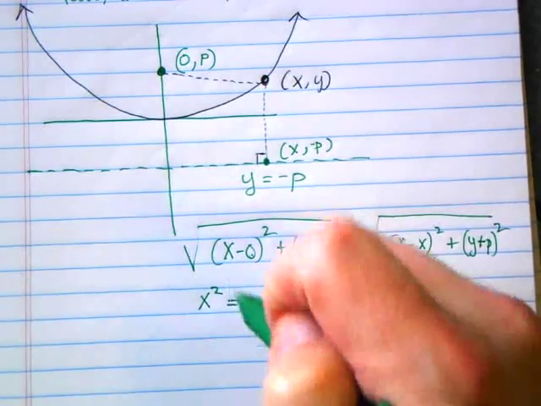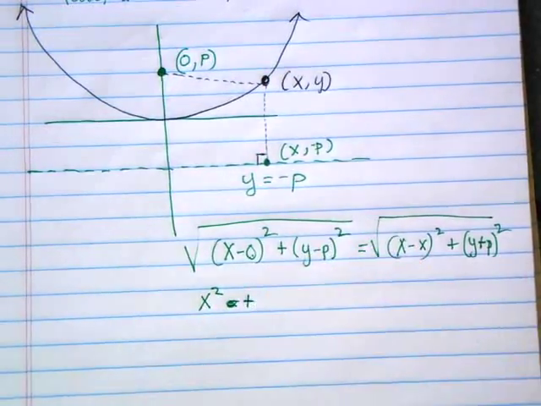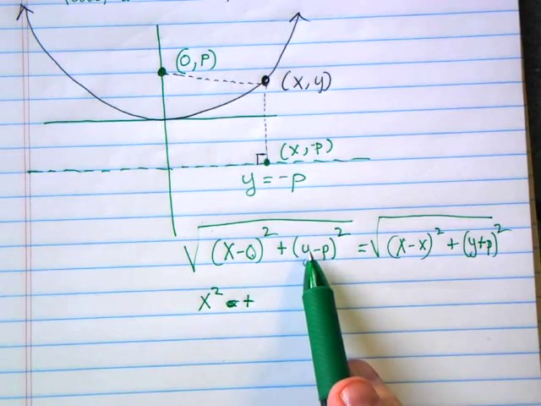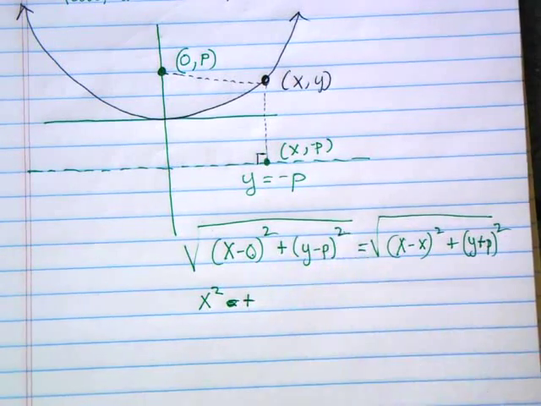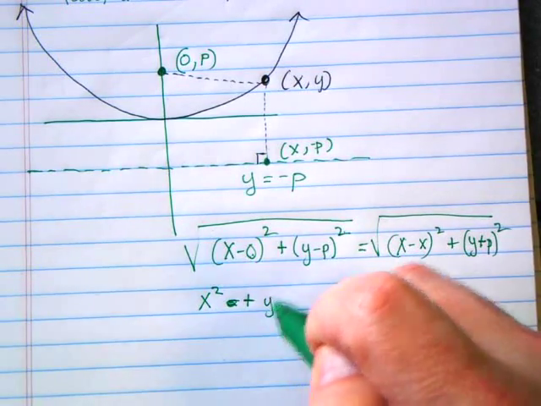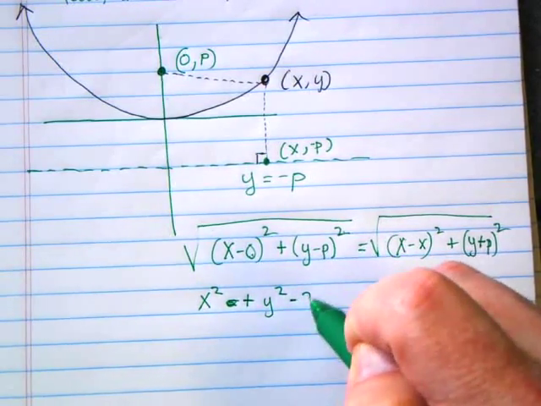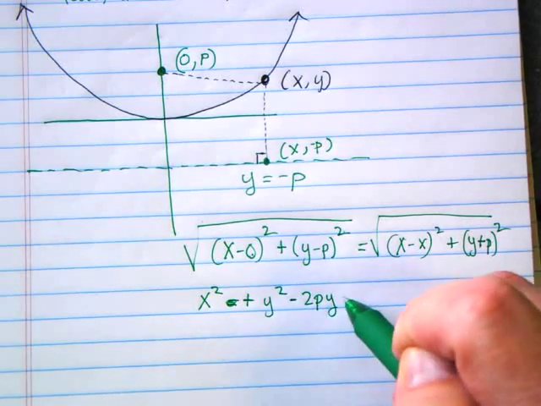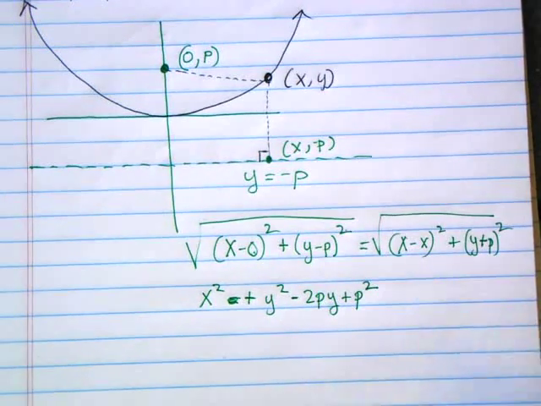Equals, not equals, plus. What do I get when I take y minus p and square it? I take y minus p times y minus p. I do FOIL. I get y squared minus 2py plus p squared.